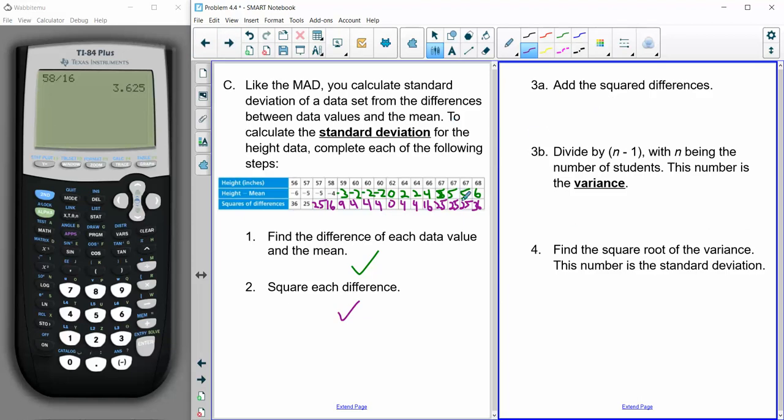Add the squared numbers. Okay, I could do this with a calculator. Let's go edit. All I've got to do is square all these numbers. So if I just go second L2 squared, boom, it squares all those numbers. When I go stat, calculate one variable stats for list 3, it's going to give me the sum of all those numbers, which is 258.